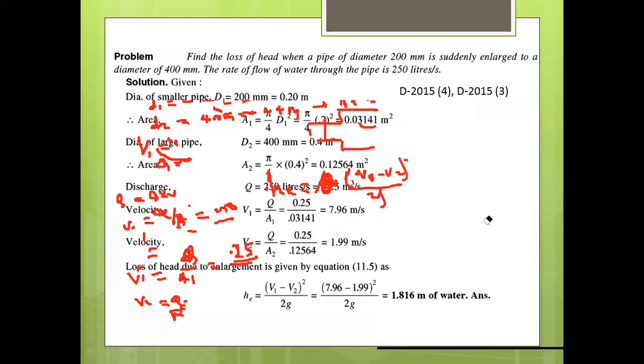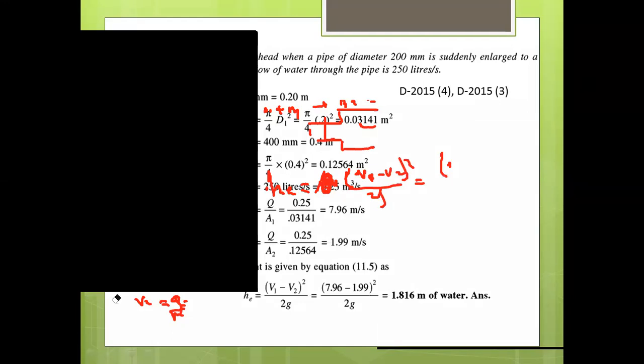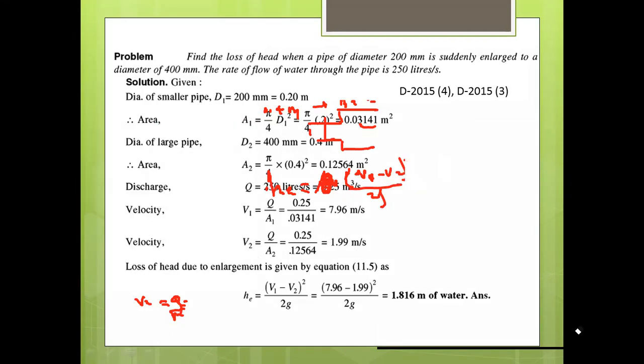Correct. 1.816 is the correct answer. Okay, many students have got the answer. Now let us move ahead to solve the next problem.